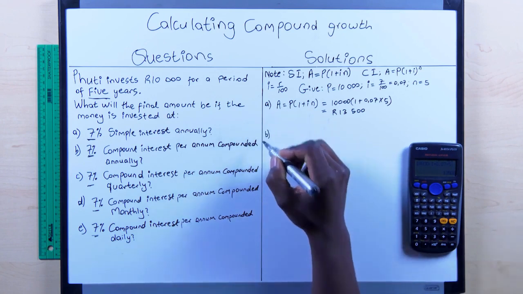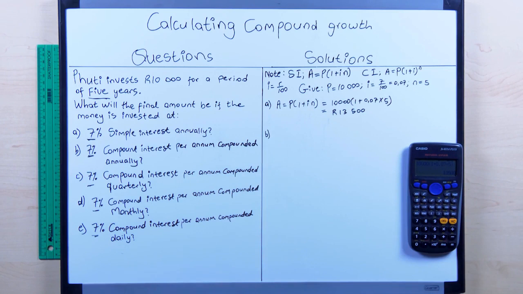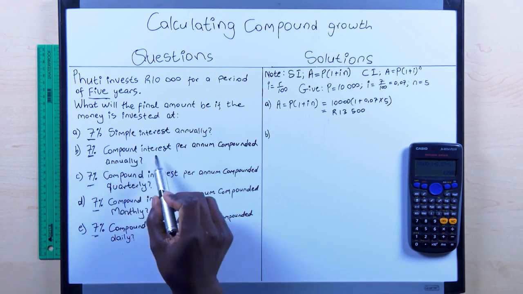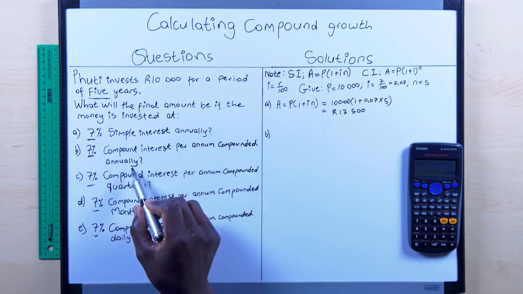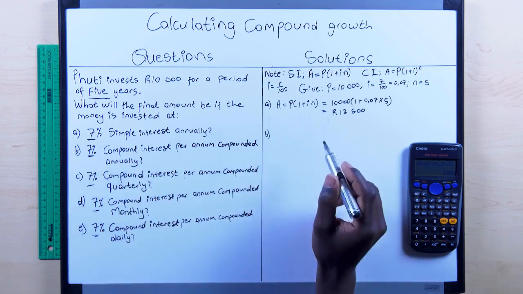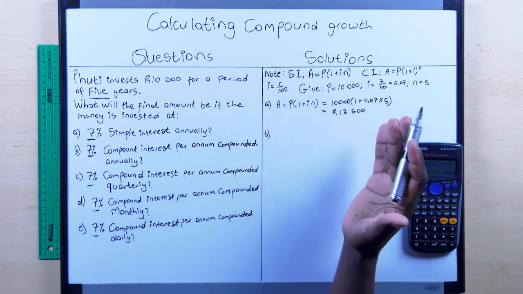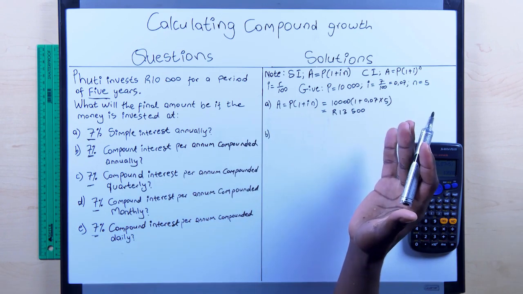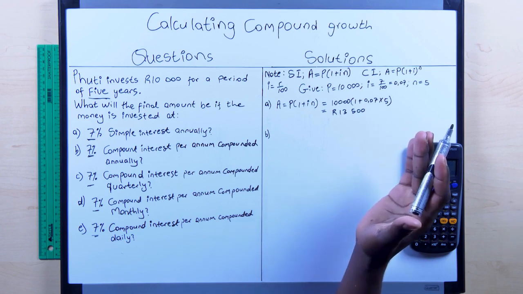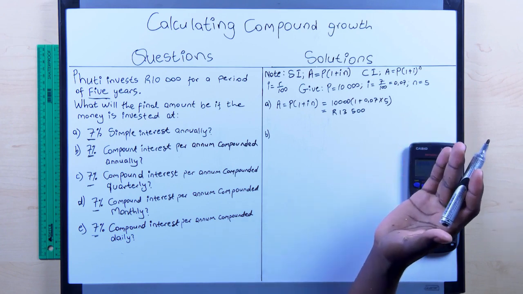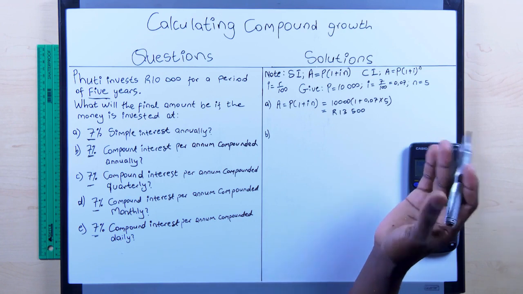We therefore go to B. Now B is for compound interest, compound interest per annum, compounded annually. Compounded annually, what does it mean? It means that there's no adjustment taking place on our rate of interest, and no adjustment on our term of the investment, which is your period.